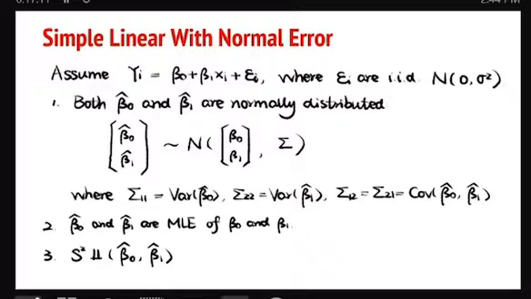We now want to consider simple linear regression with normal error. Please, I need you to pay attention here. Take a look at this. If I have a simple linear regression model, the probability distribution of the error is required to be normal for linear regression.